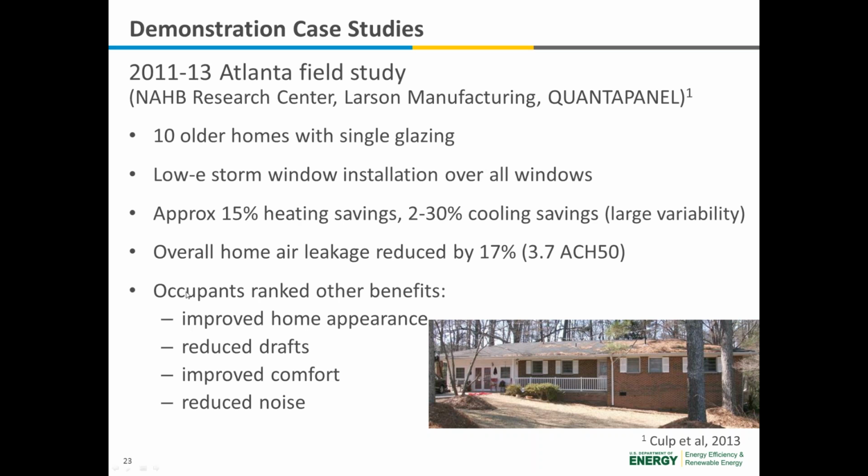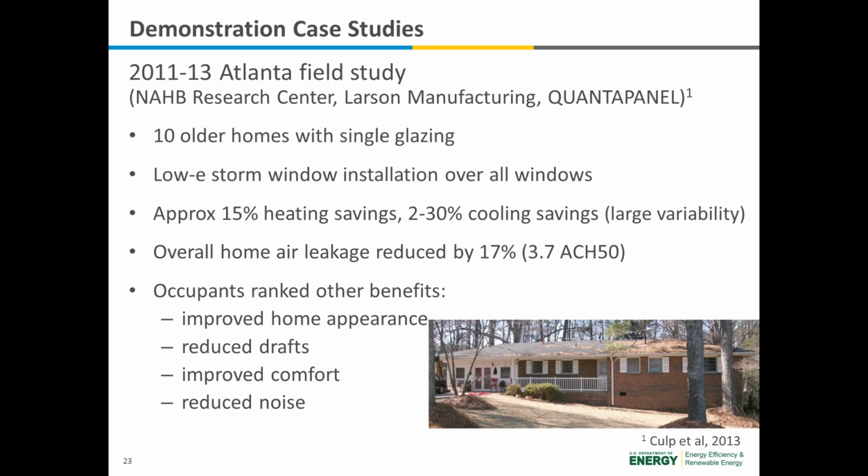Heating savings were more consistent. Again, we saw significant air leakage reduction just by adding the panels. In this case, these homes were older and leakier, and we saw 17% average reduction, which was 3.7 air changes per hour. And that, for those of you who get involved in new construction, should surprise you a little bit, because the modern building codes require new construction homes to have total home air leakage less than 3 to 5 ACH.